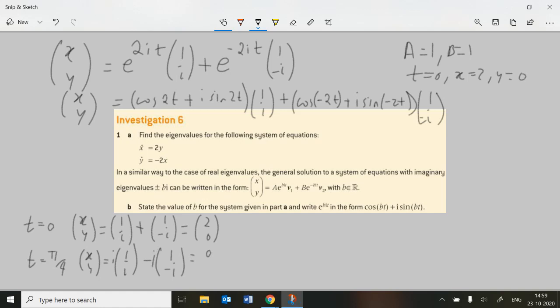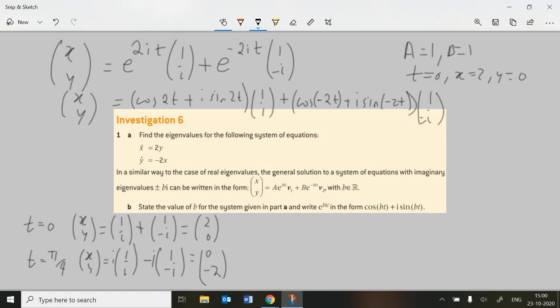Okay, so the top is going to clearly cancel. And on the bottom, we get i multiplied by i, which is minus 1, minus minus i. So that's going to give us 2 lots of minus 1, which is minus 2 there.